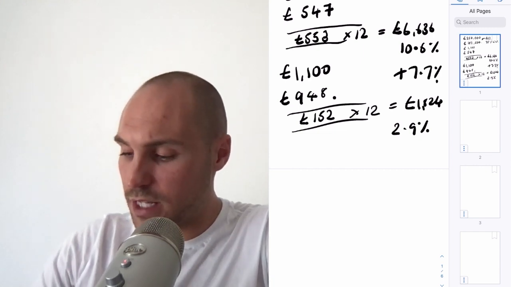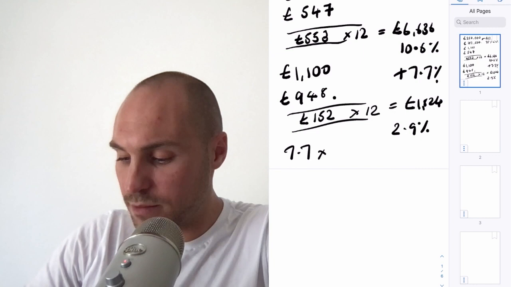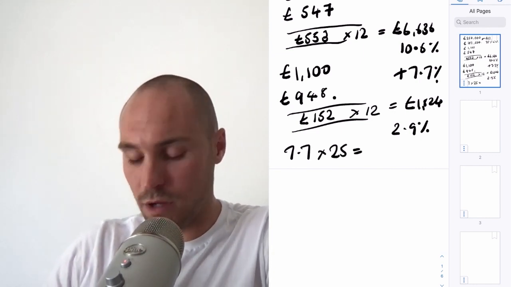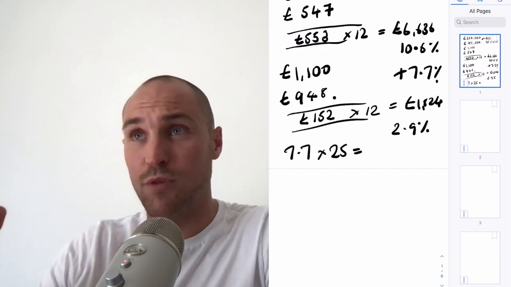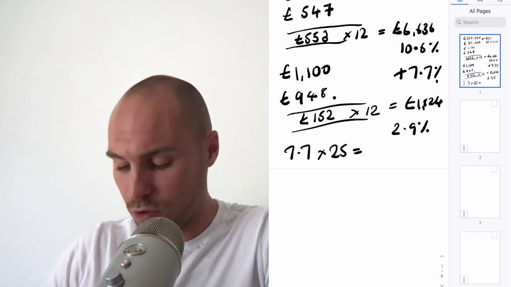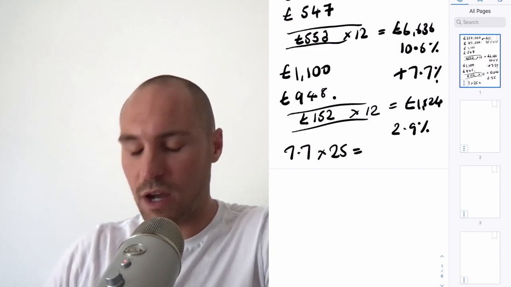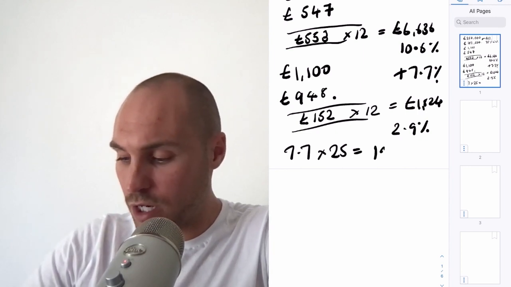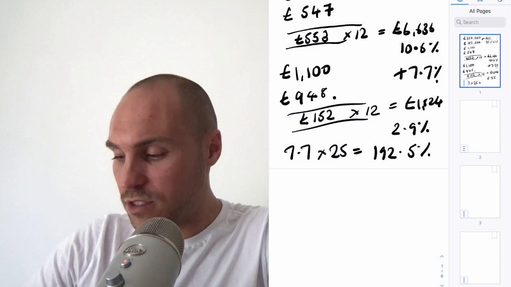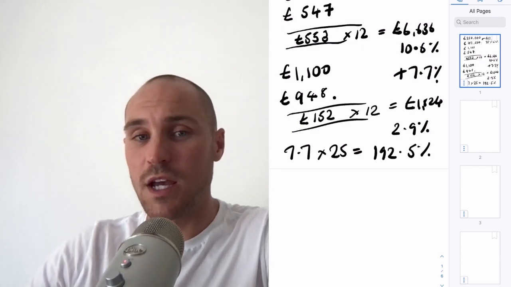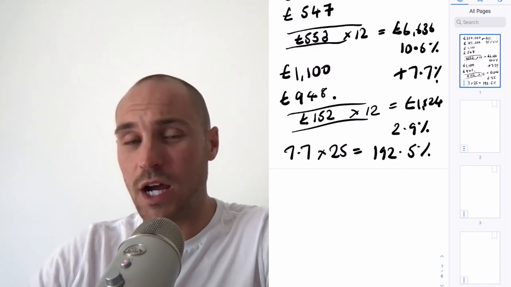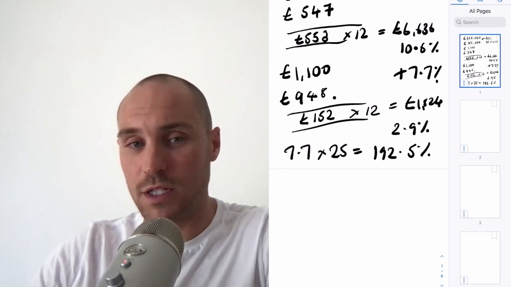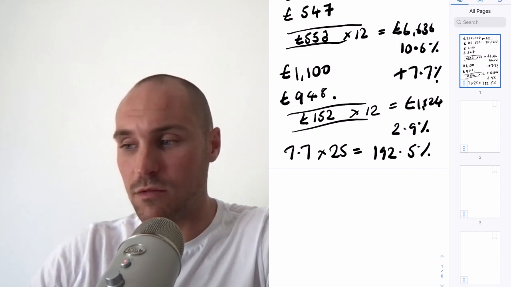Now, if we take the 7.7% and we times that by 25 years, because that's how long we're going to be holding this property for, based on having a mortgage of 25 years, 7.7 times 25 years equals 192.5. So effectively, over the 25 years, you're making a 192.5% bigger return if you buy this property on interest only versus capital repayment.